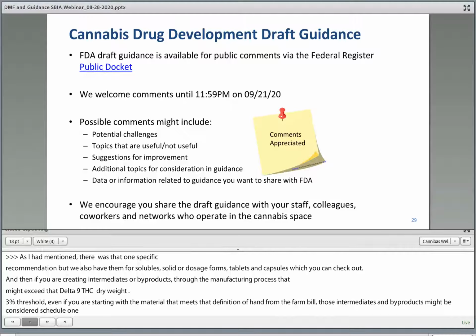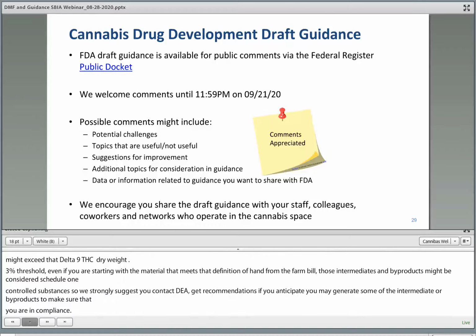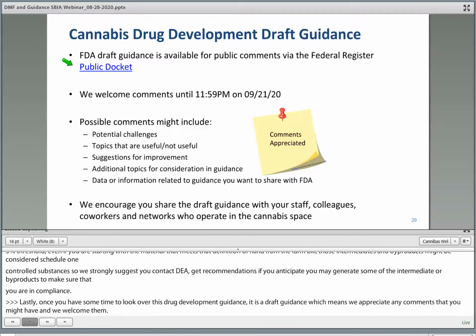And lastly, once you have had some time to look over this drug development guidance, it is a draft guidance, which means we appreciate any comments that you might have and we welcome them. You can click on that public docket link right up here at the top, and it will take you to the place where you can submit comments.